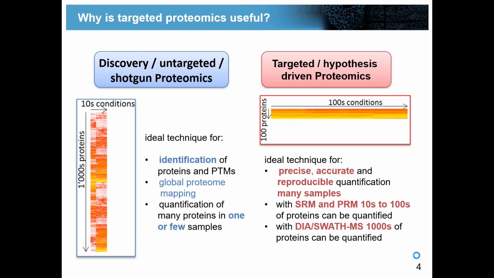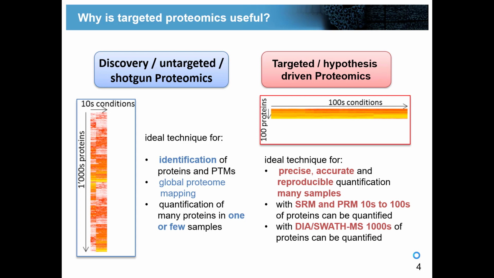So the axis can be much larger than DDA, while you still have very few missing values. However, if you work with techniques like SRM or PRM, the number of proteins that you can put into this list is much more limited than in a DDA experiment.